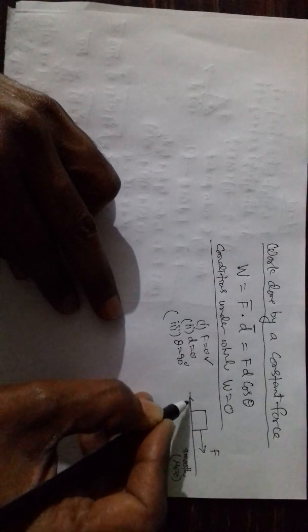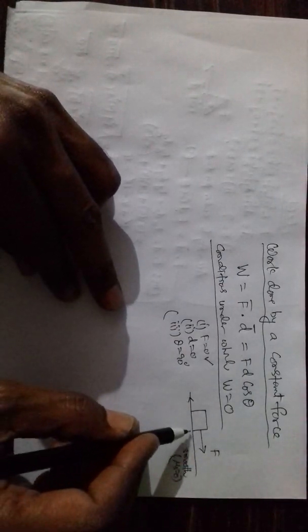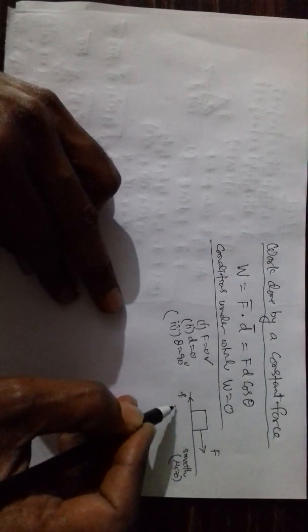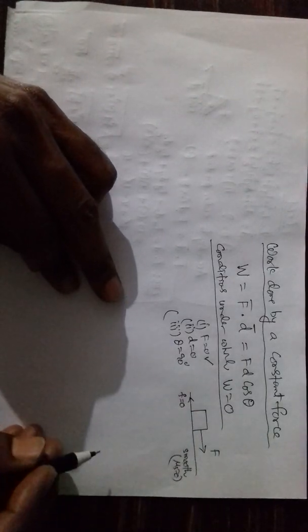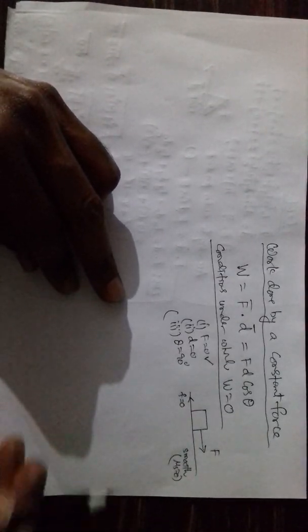Smooth means mu s is 0, frictionless surface. If you are moving to the right hand side, generally frictional force works in the left hand side. But since this is a smooth surface, force of friction is 0. If anybody asks what is the work done by the friction force, you say you have chosen a smooth plane, therefore work done by the friction is 0, because force itself is 0.